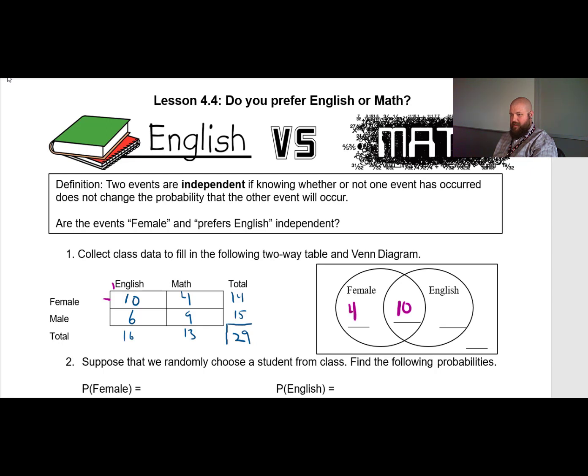Now, those that did English, well, in this vertical column here, we got 10 that did English and were female. Well, the ones that were not female and enjoyed English were 6 of them, the males. And then for the category of not female and not English, so male and math, right in this bottom corner right here, we need to get 9.